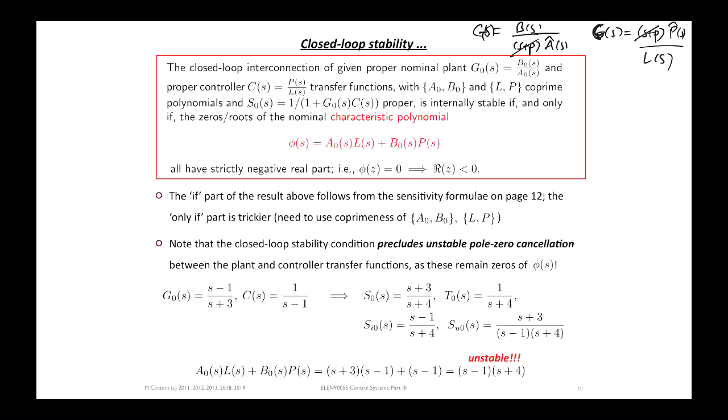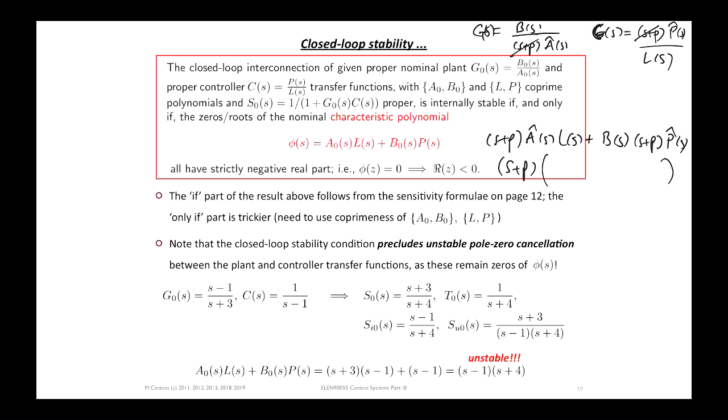If you look at the characteristic polynomial in that case, you'll have (s plus p) A hat L(s), plus B(s), and you'll have (s plus p) P hat(s). So that thing that gets cancelled ends up being a factor in the characteristic polynomial. And so it will end up being a pole of one of the sensitivity functions.